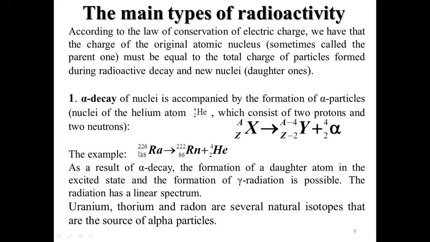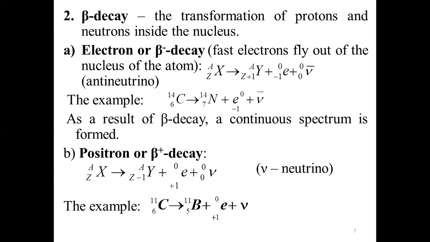An example is the transformation of radium-226 to radon-222. As a result of alpha decay, the formation of a daughter atom in the excited state and the formation of gamma radiation is possible, and the radiation has a linear spectrum. Uranium, thorium, and radon are several natural isotopes that are a source of alpha particles.